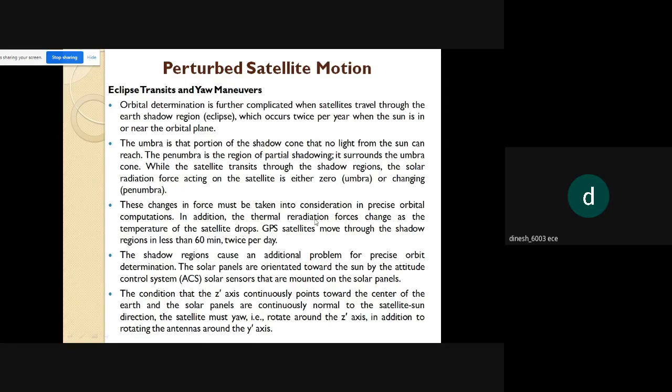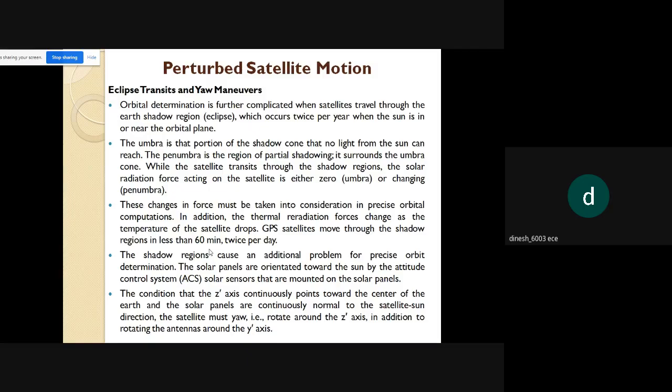So in addition to this, there will be thermal radiation forces also, which give the temperature variations. And the GPS satellites move through the shadow region in less than 60 minutes twice per day. So then the shadow region causes an additional problem for precise orbit determination.